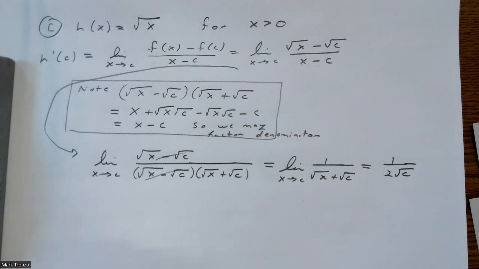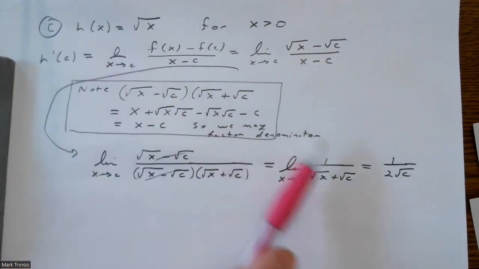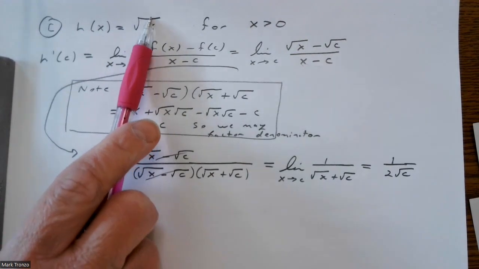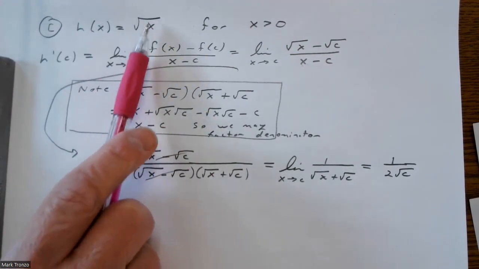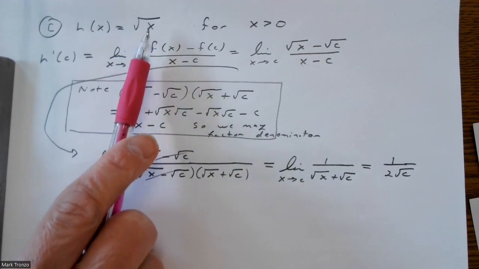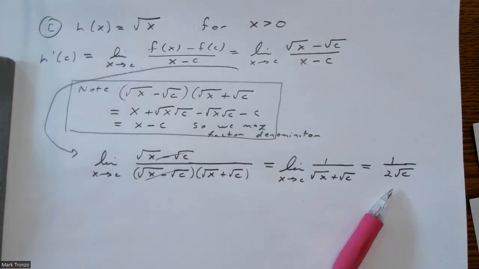And of course, on all of these, you can see by going by the rules, that would be the derivative of this. Because this is x to the half, that'd be a half times x to the minus a half, which is just that.